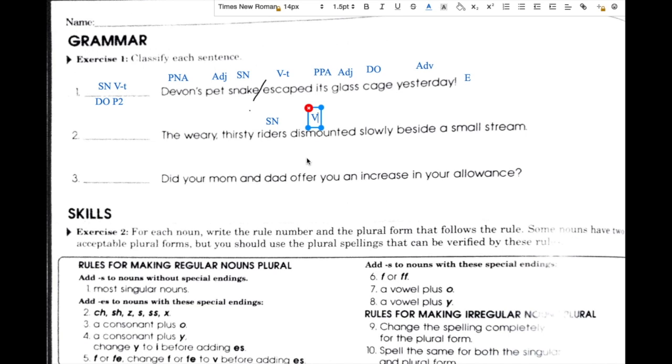Riders dismounted how? Slowly. If we're answering how, it's going to be an adverb. Also, it ends in ly, and it's describing the verb dismounted. So slowly is an adverb. Beside is always a preposition. Beside what? Stream, object of the preposition.